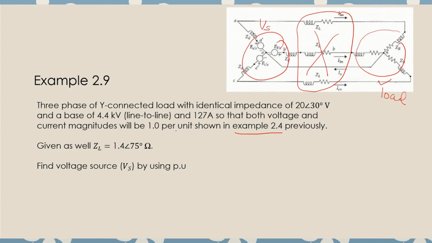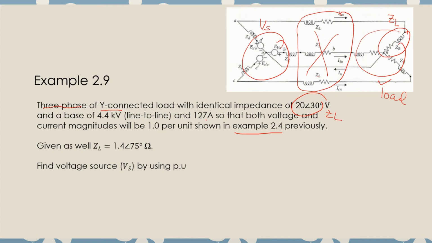This is a three phase Y connection, identical impedance of 20, this is the Z load, and the base of 4.4 kV line to line and 137 ampere.